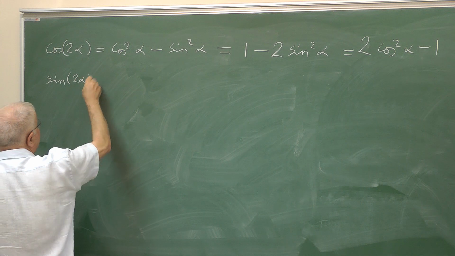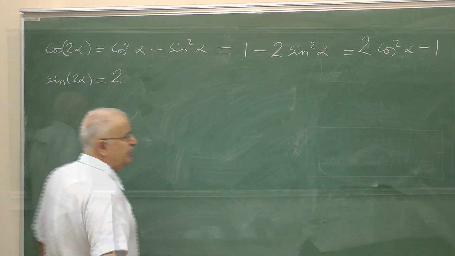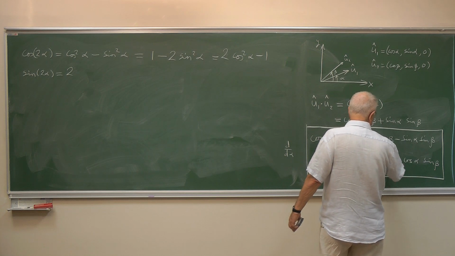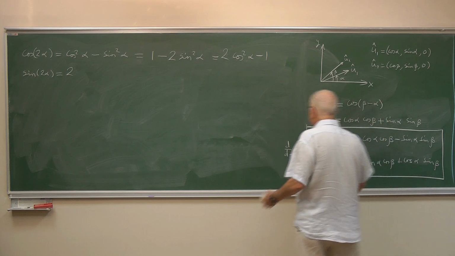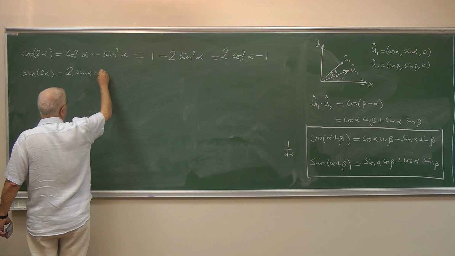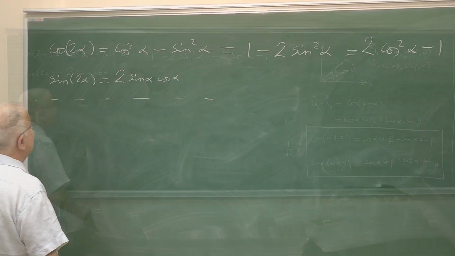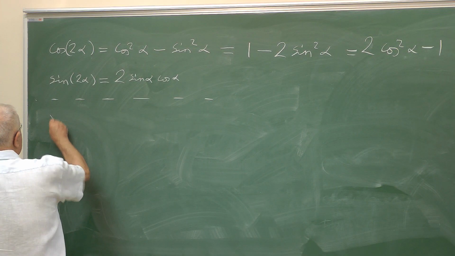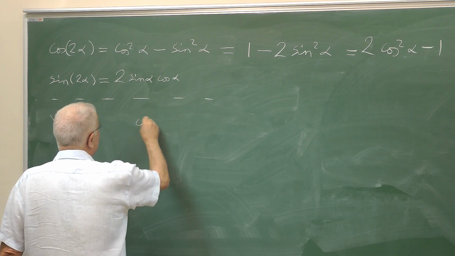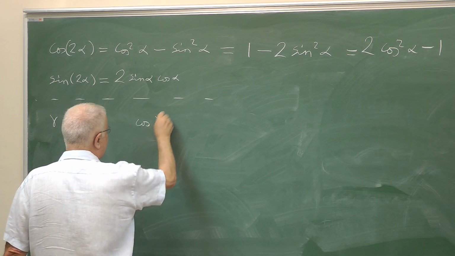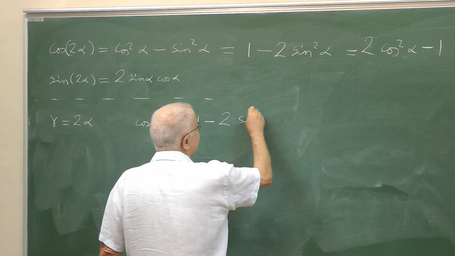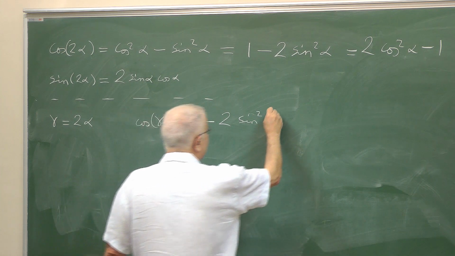Sine 2 alpha is very simple. It is from here, beta equals to alpha case, sine alpha, cos alpha, sine alpha, same thing. So twice sine alpha, cos alpha. Now, for half-angle formulas, I'll say gamma equals to 2 alpha. So cosine 2 alpha becomes cosine gamma equals 1 minus twice sine square alpha, which is gamma over 2.